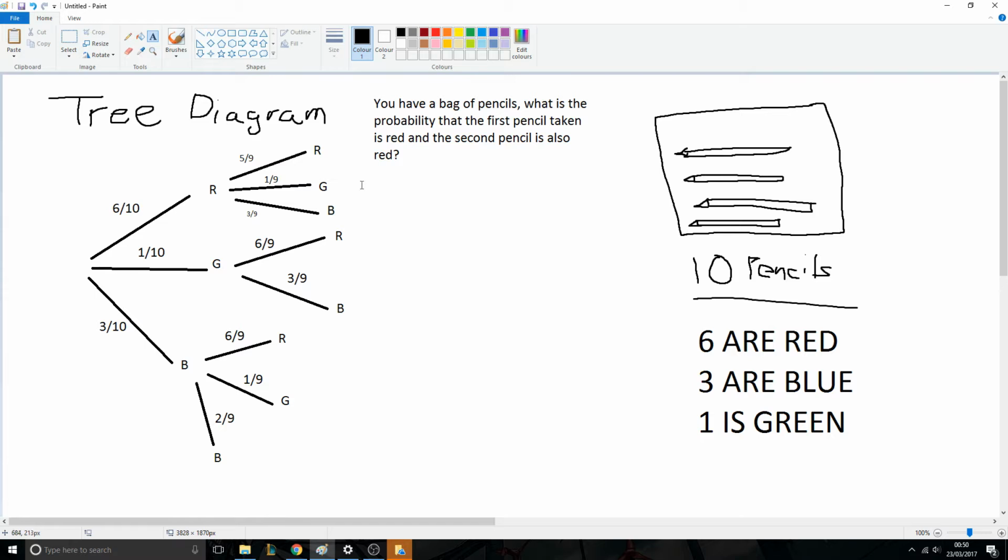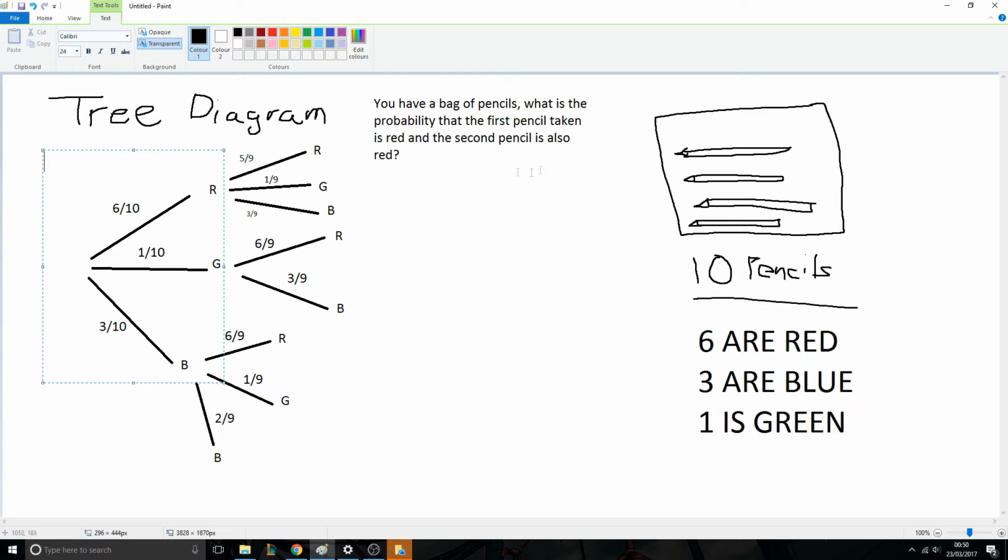Okay, so we've drawn our tree diagram here. The first set of branches here represent probability A, which is taking our first pencil out, and the branches here represent probability B, which is taking our second pencil out.